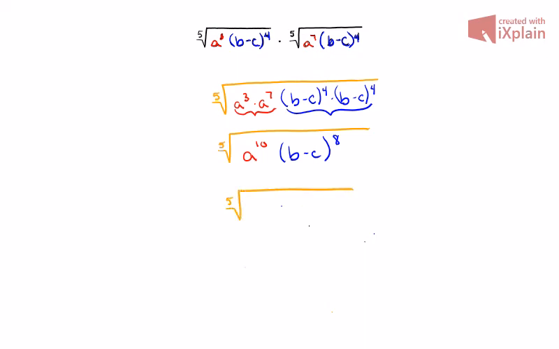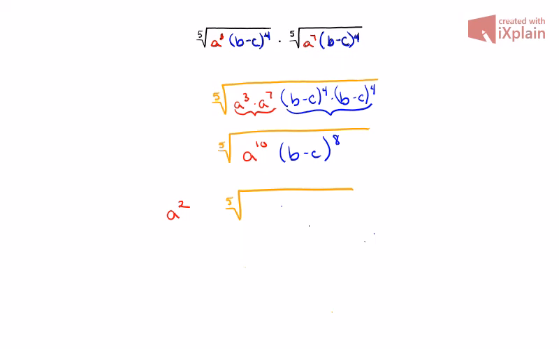So as previously noted, I have 10 a's underneath a 5th root. How many groups of 5 can I get from 10? Hopefully we're saying, well, I can pull out 2 groups of 5 a's. Next, it's going to be a little bit different.